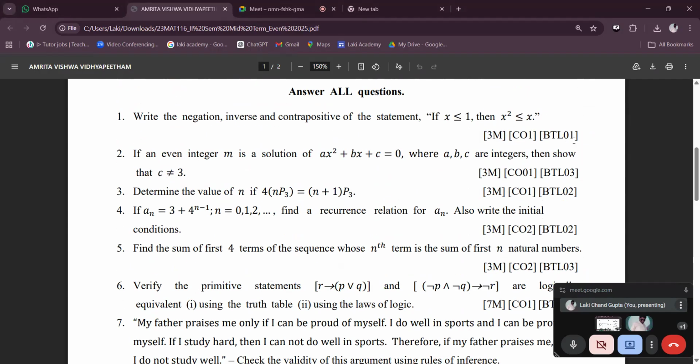The next topic is negation, inverse. This is an important question. Very important. Here, inverse and contrapositive are also asked. You know this?